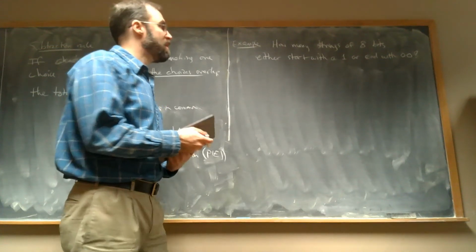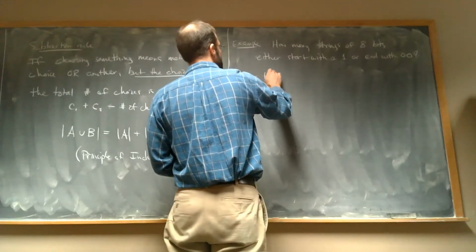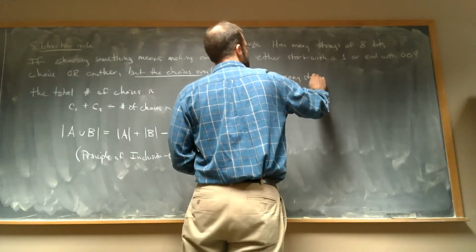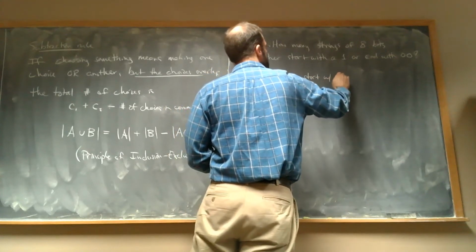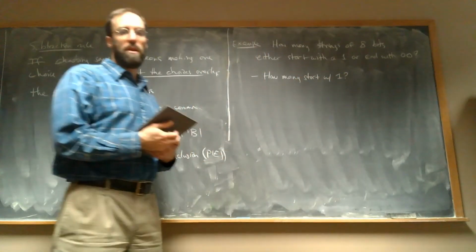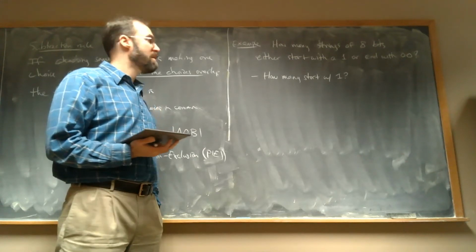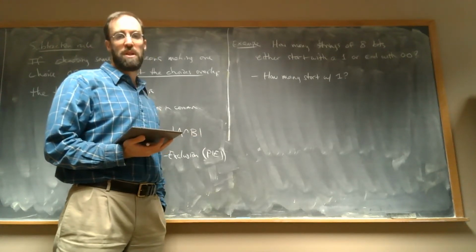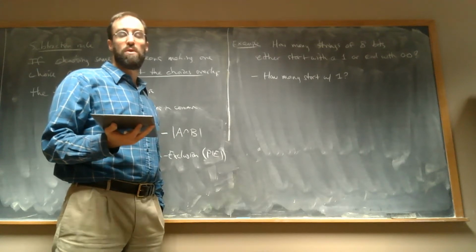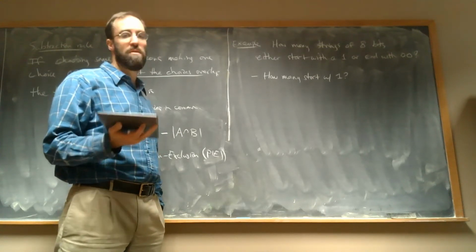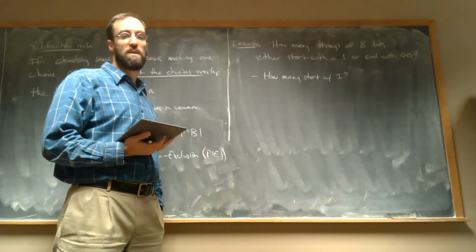So first of all, how many start with 1? Well, if it starts with 1, then I don't get to choose that. It's just fixed. But there are 7 more bits after that, and I can choose those to be whatever I want. Any choices I make, I'm still going to have a string of 8 bits that starts with a 1.